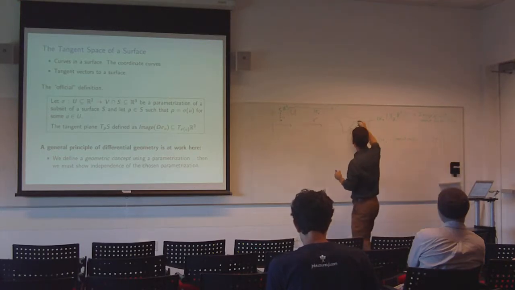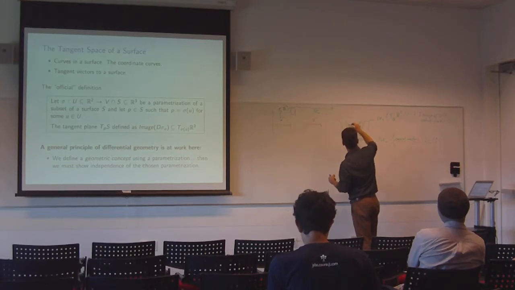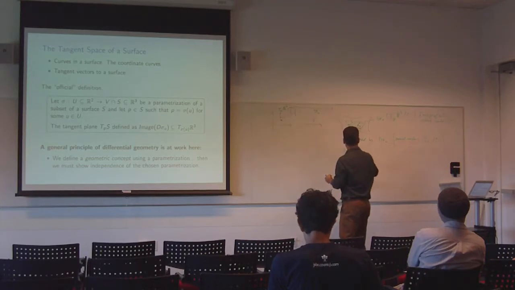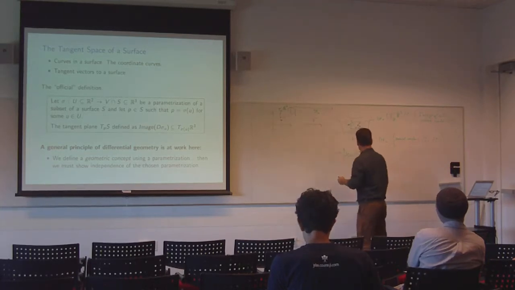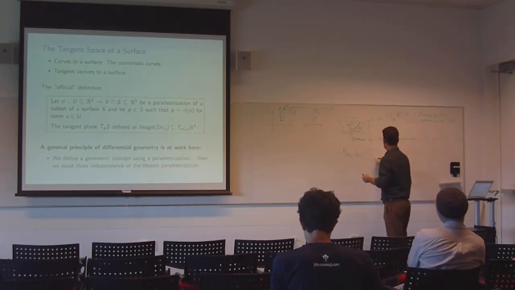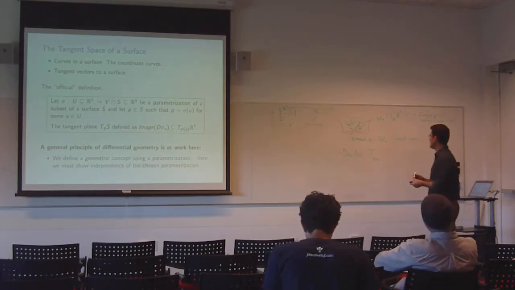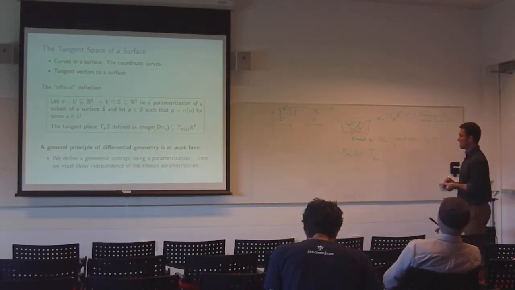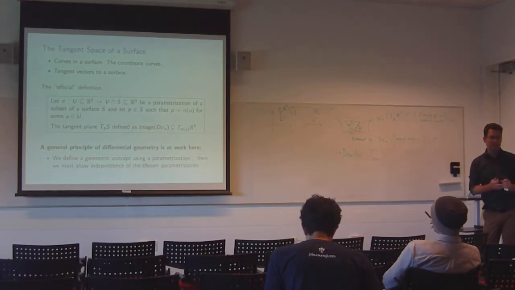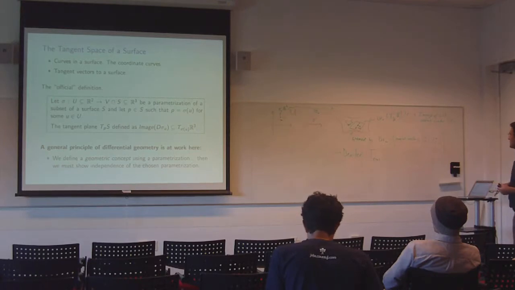This is denoted T sigma of u of the surface. Okay, so there's our official definition and the accompanying picture.